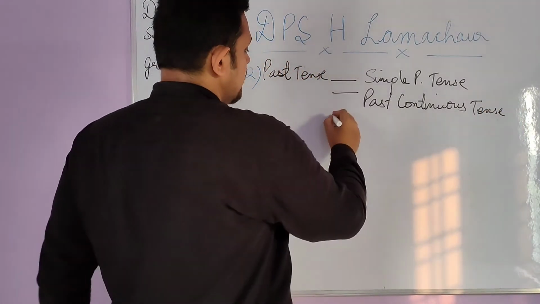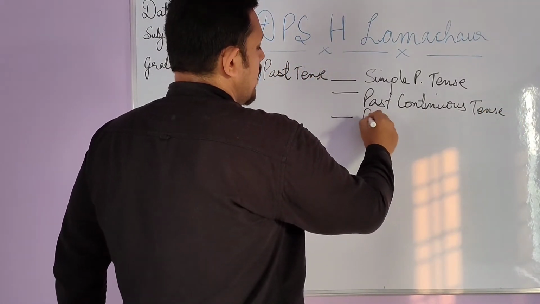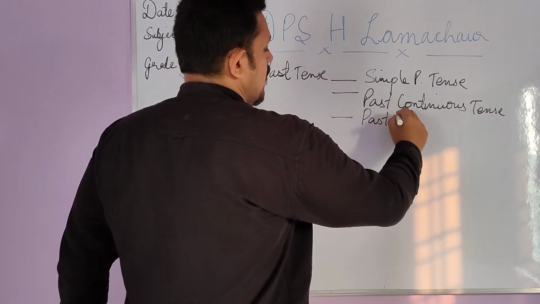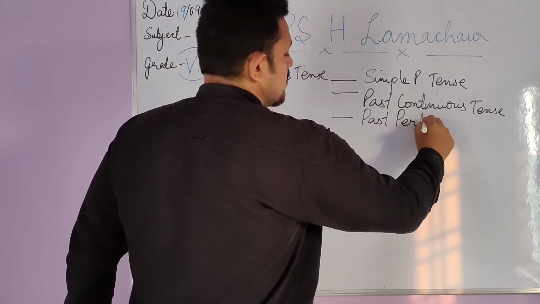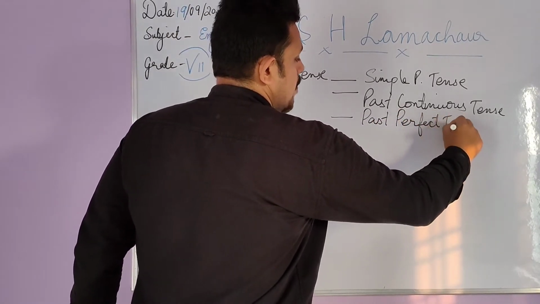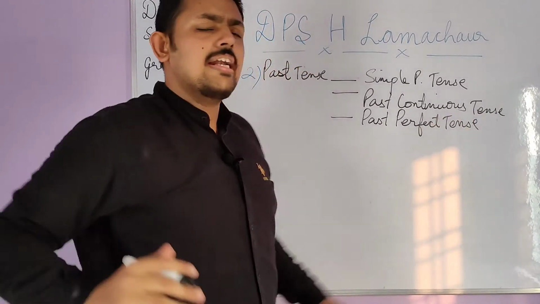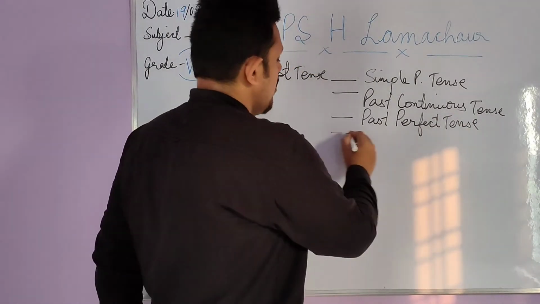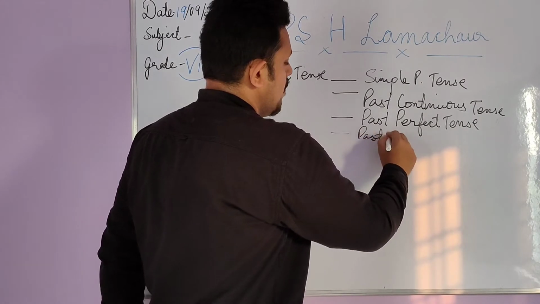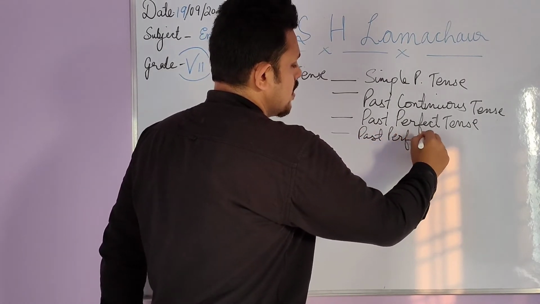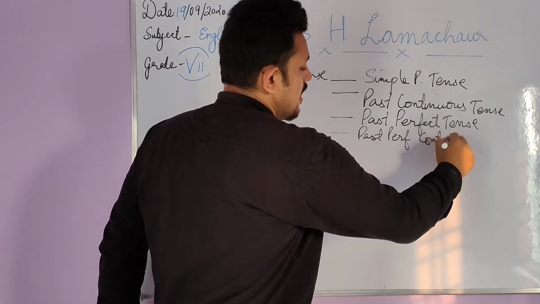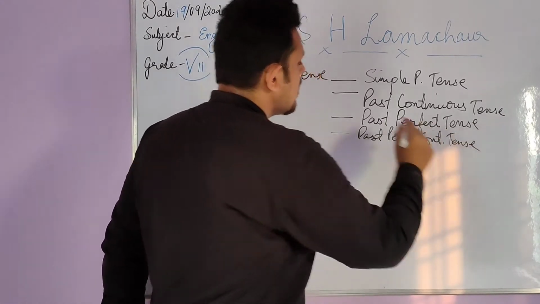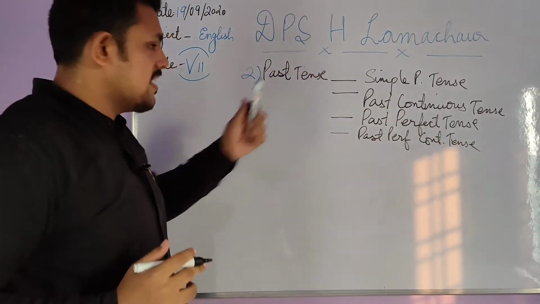Thirdly, we will have the past what? Perfect tense. Past perfect tense. And lastly, we will have the past perfect continuous tense. So these are the four forms of the past tense.